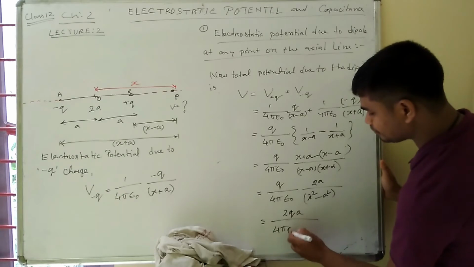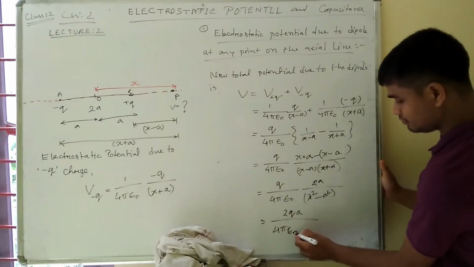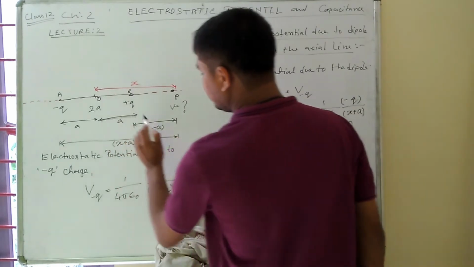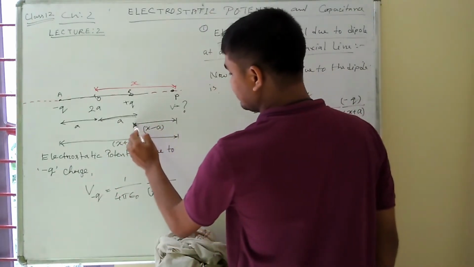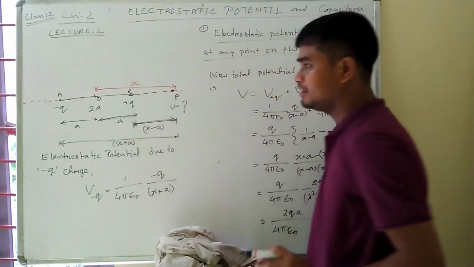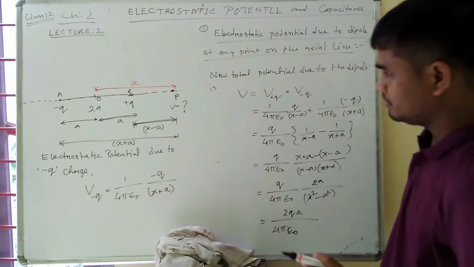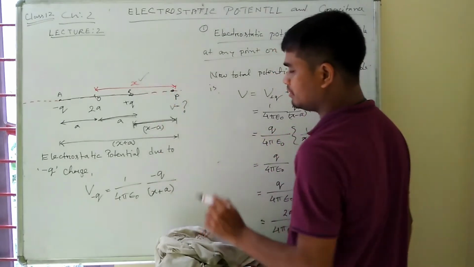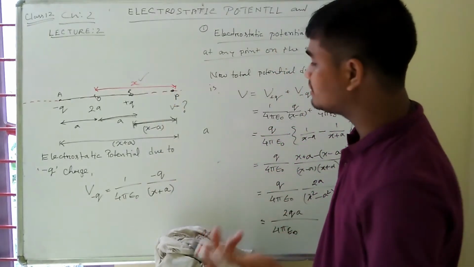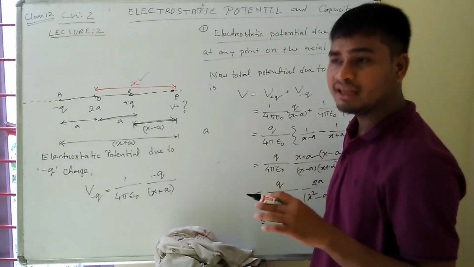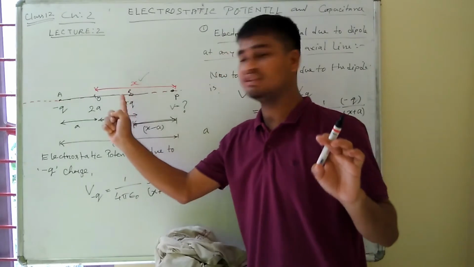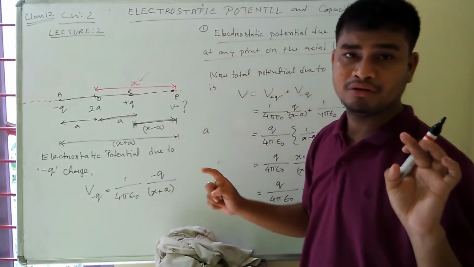Since this distance a is very small compared to x, according to the concept of dipole, the distance between the two charges is very small.